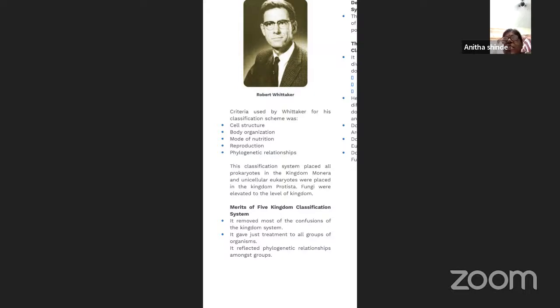So most of the confusions that were there within the scientific community were totally removed. This system was to some extent accepted by many scientists. It gave justified treatment to almost all the groups of organisms, and it also reflected the phylogenetic relationships among the different groups.